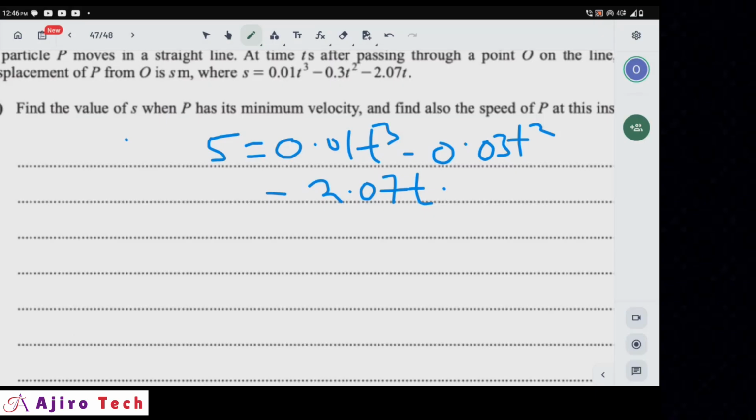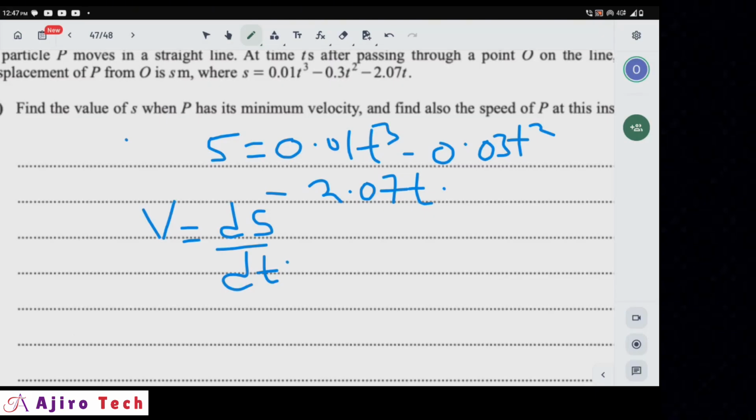Written mathematically, velocity is equal to dx over dt. To get the velocity using this equation, we need to find the derivative of the distance using the expression given to us.